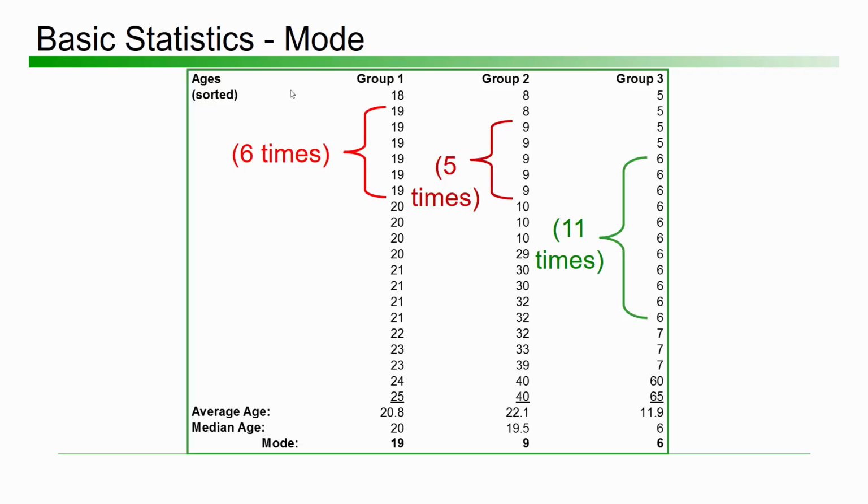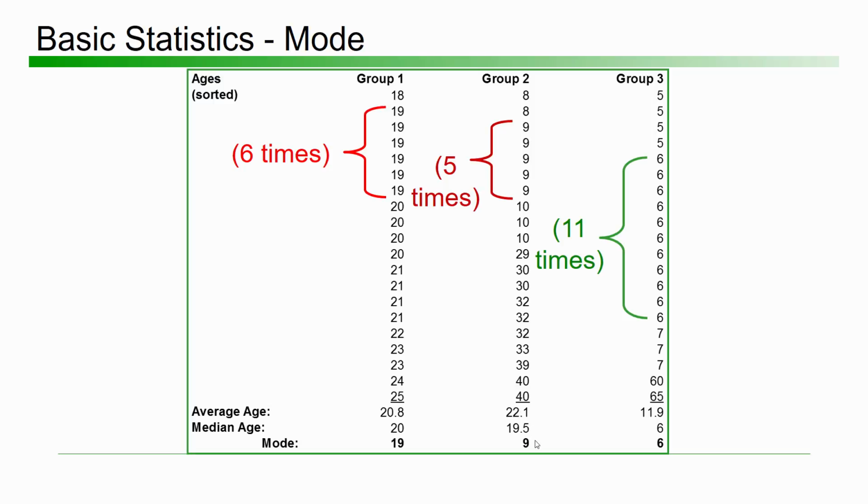In the case of the college class, the mode is 19 because there are 6 people who have the age of 19, and none of the other ages have more than 6 people in that age. In the case of group 2, the most frequently observed age is the age of 9, and that happened 5 times. And so now here's a wild difference between mode and then the median and the average.